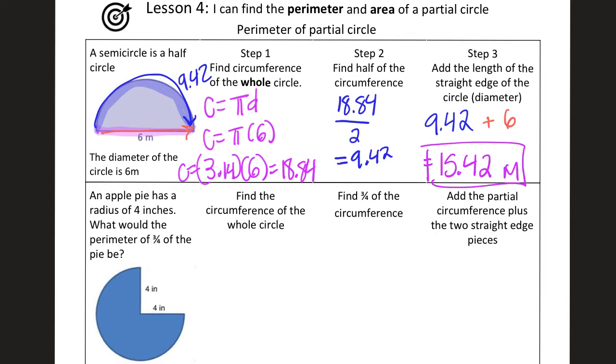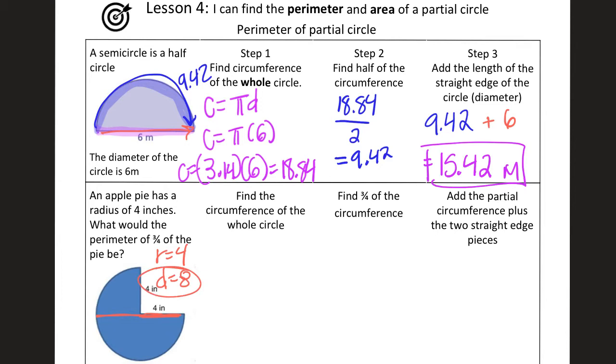Okay? So right here, I'll use a different color. Since this goes halfway across the circle, that would be the radius. So if r equals 4, the diameter is 2 of those, so the diameter is 8.